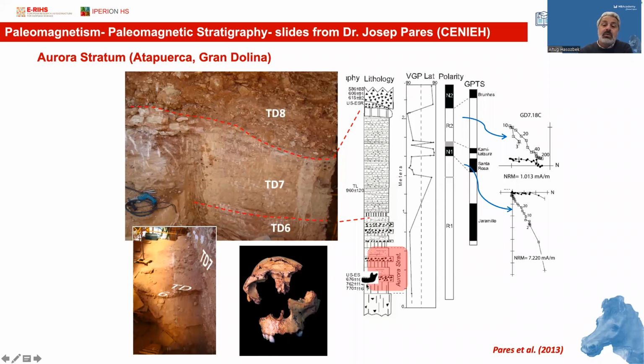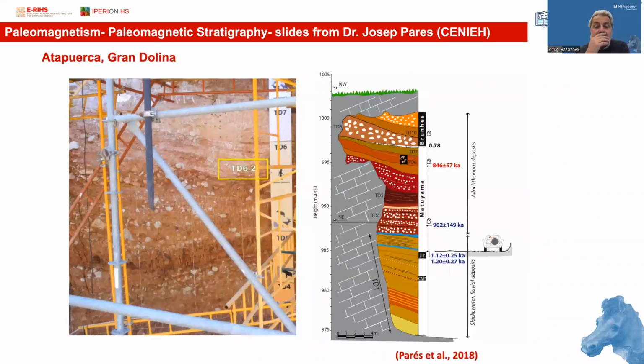Of course, in the coming slides I will also show you that it's very important to verify and cross-calibrate your data with other techniques as well. This is another slide showing how it's applied. You can see the Brunhes boundary and the Matuyama boundary in the Gran Dolina site.